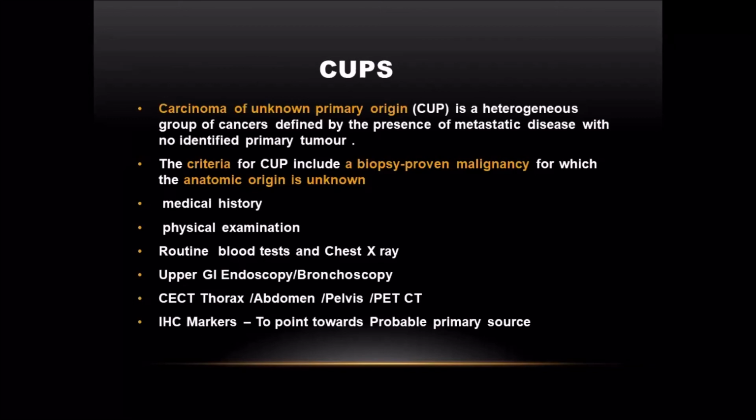It is a heterogeneous group of cancer which is defined by the presence of metastatic disease with no identifiable primary tumor. In other words, the criterion for carcinoma of unknown primary origin is a biopsy proven malignancy for which the anatomic origin is unknown, even after taking a proper medical history, doing the physical examination and routine blood investigation and chest x-ray, even after doing the upper GI endoscopy, bronchoscopy, CECT thorax, abdomen, pelvis, and PET CT, and finally doing the IHC marker.